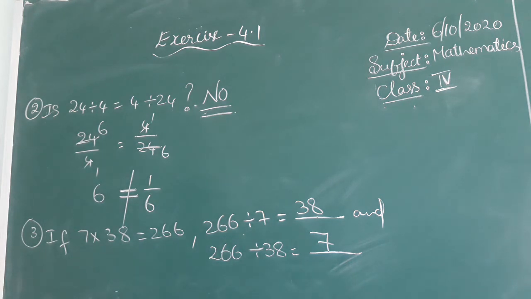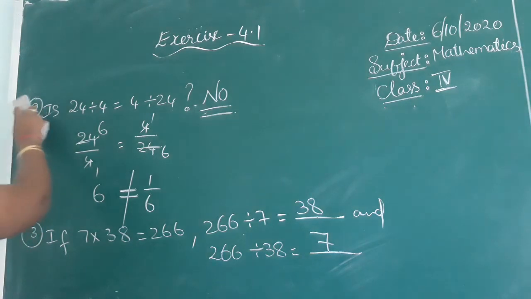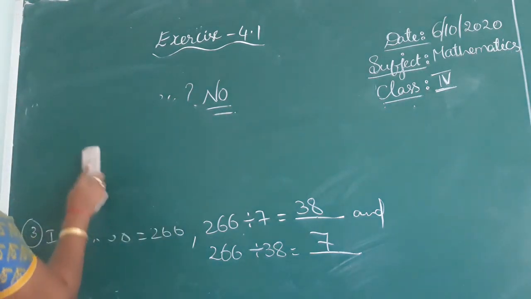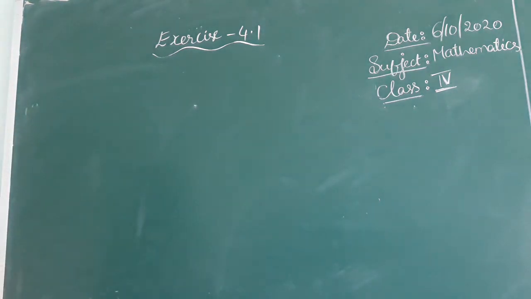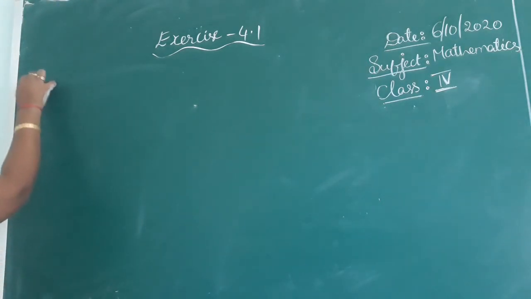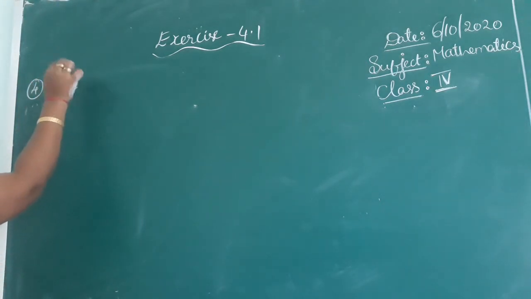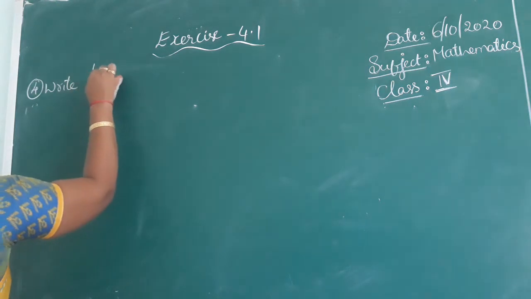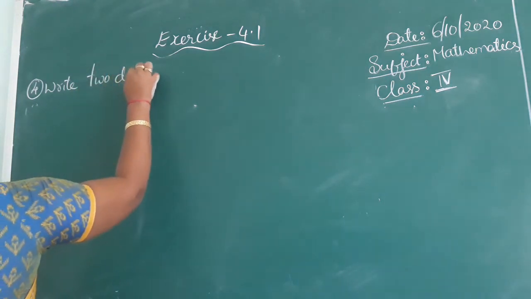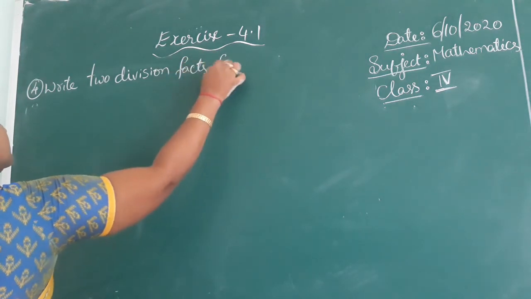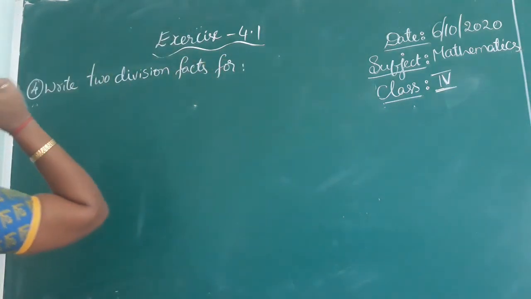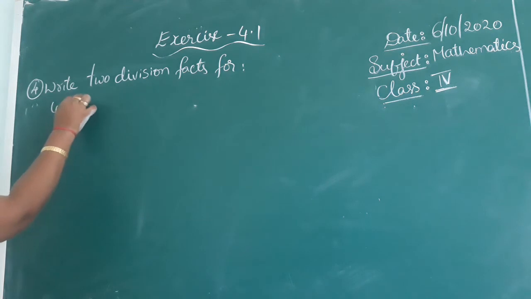Fourth one. Write 2 division facts for 4 into 19 equals 76.